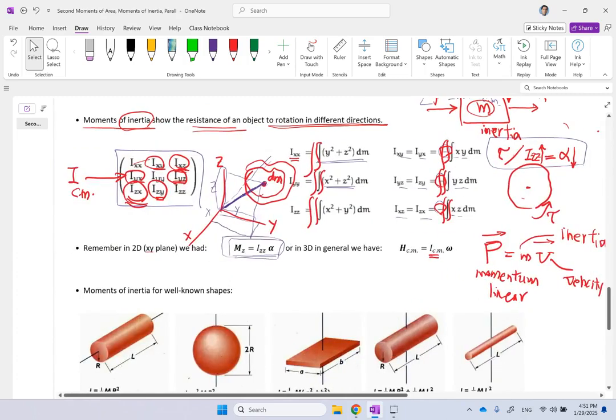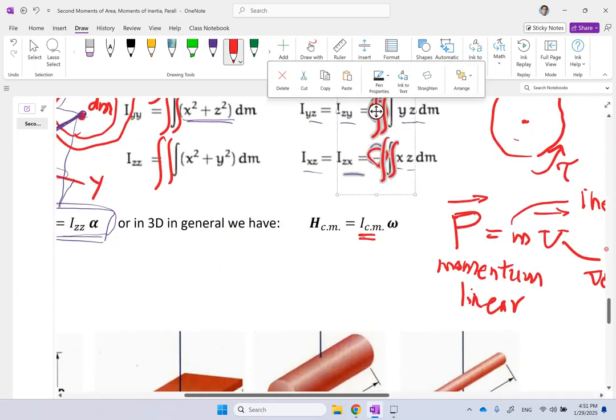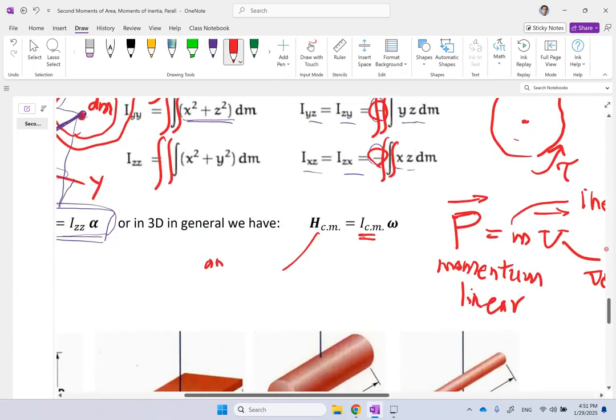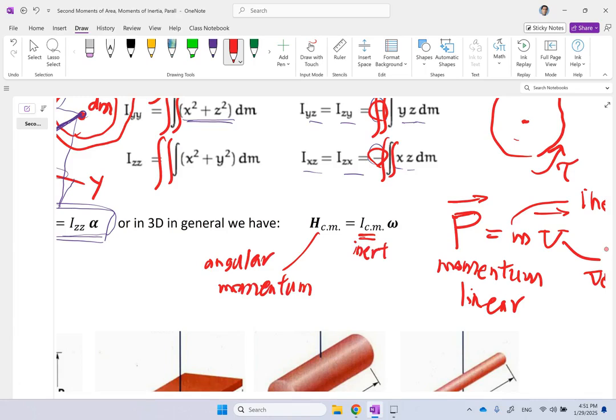Look at that. Momentum, but this time angular momentum, equals the inertia for rotation times velocity, but angular velocity. That's the same thing.